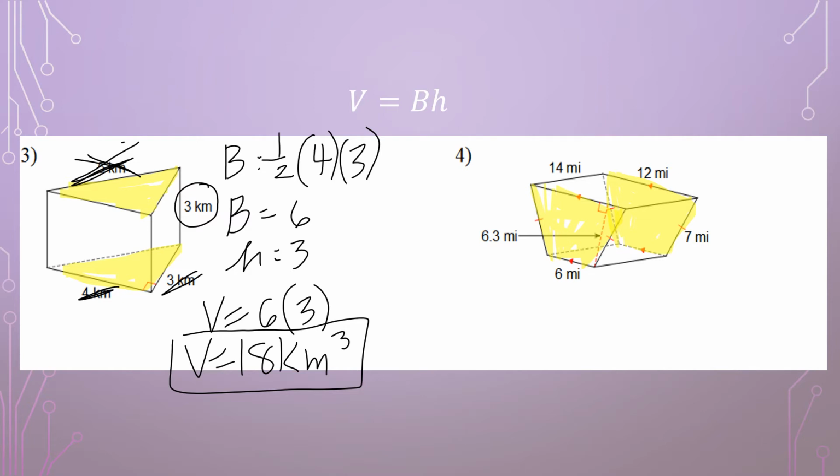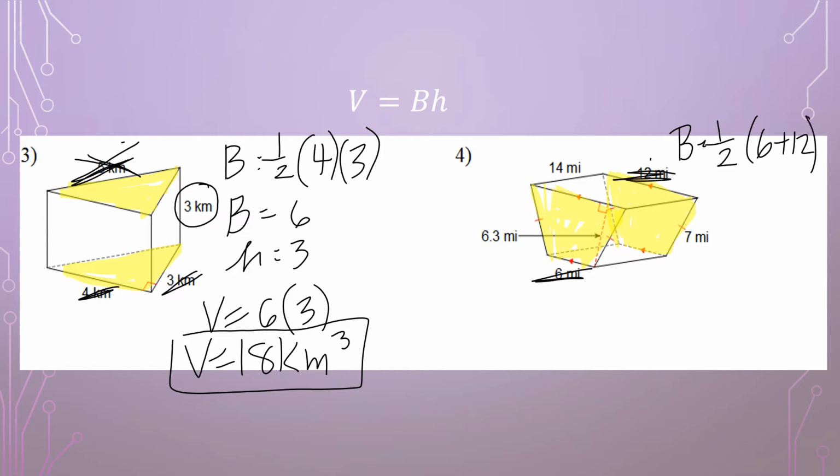So I have my 2 trapezoids there for the bases. The area for a trapezoid is 1/2 times base 1 plus base 2. This is one of my bases, and this is the other for the trapezoid. So 6 plus 12. And I can go ahead and cross those 2 values out because I used them.